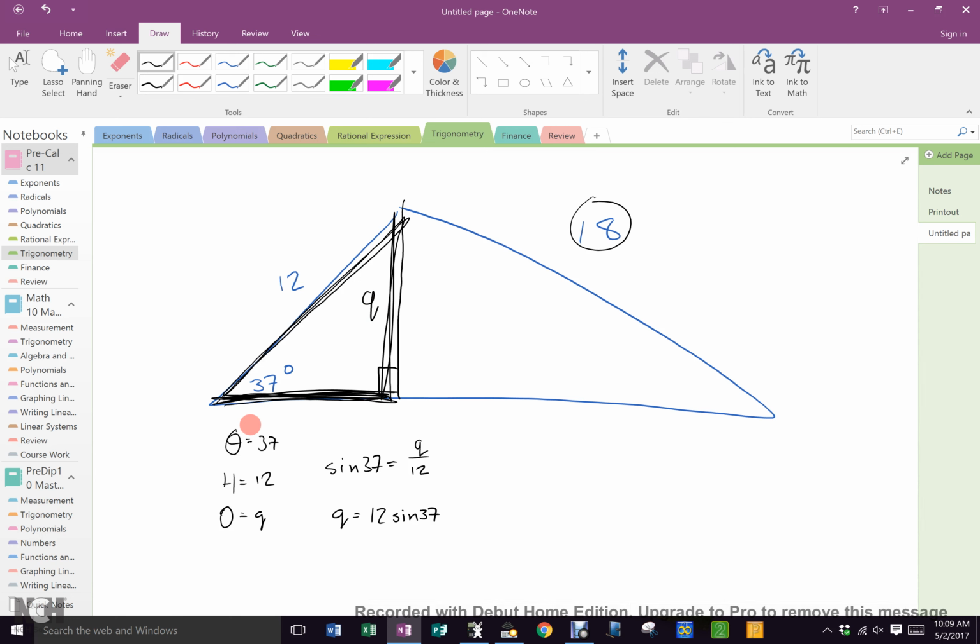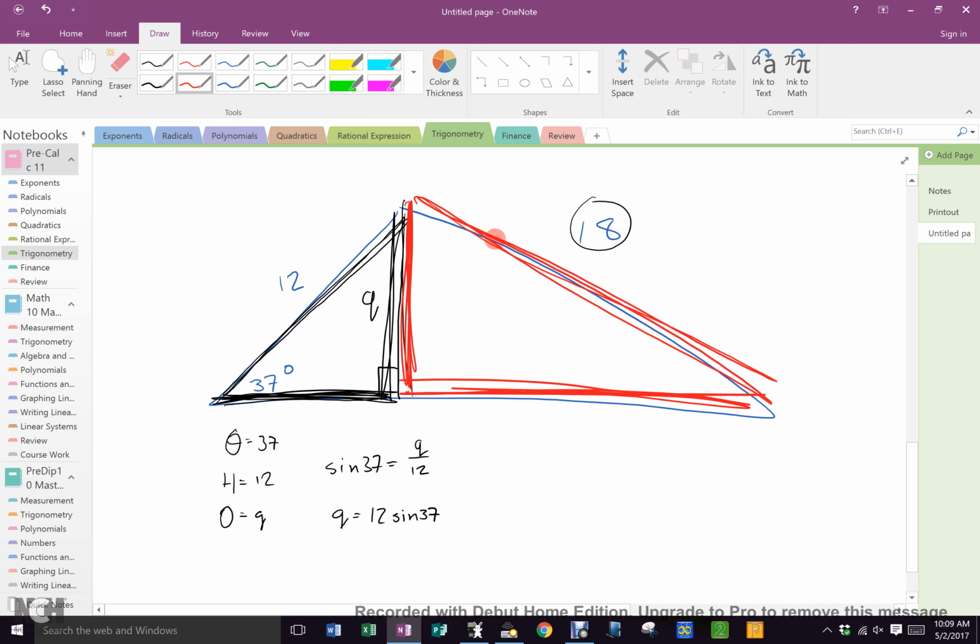Right? Now, if I come over to this triangle here, which I'm going to highlight in red, what do I know q is? Q equals 12 sine 37, doesn't it? Right? Okay. And I've got a hypotenuse of 18, yes?